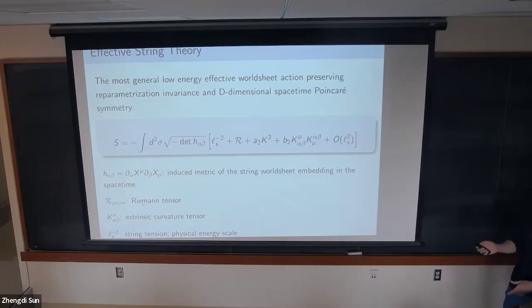Then we can write down these terms order by order in the string length. String length squared is kind of the inverse of the string tension, which characterizes the effective scales of this theory.